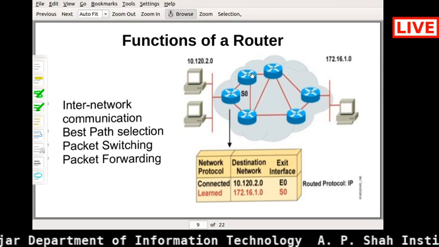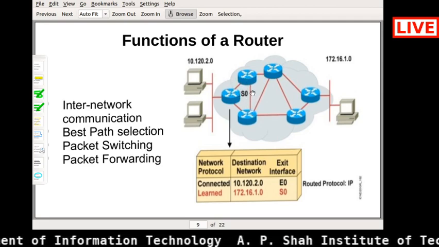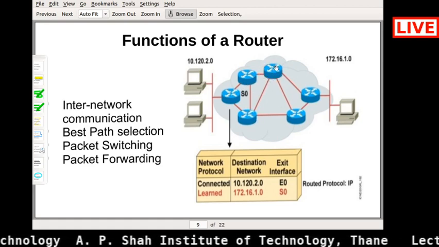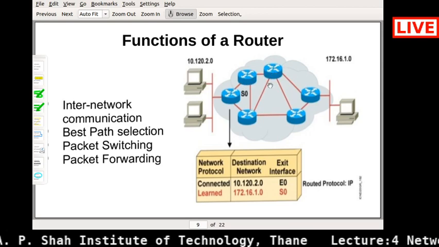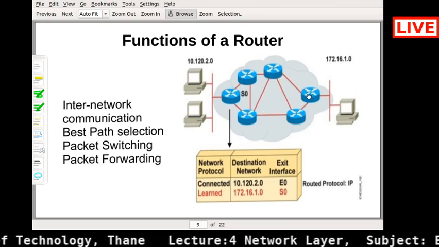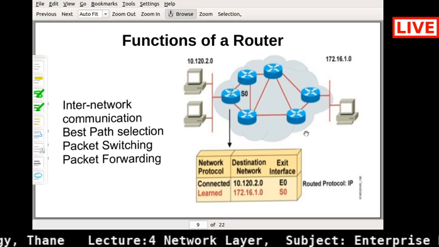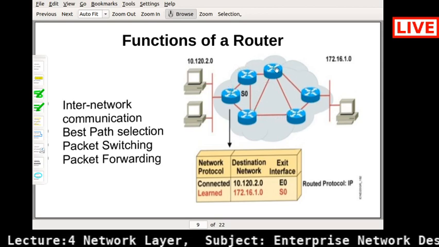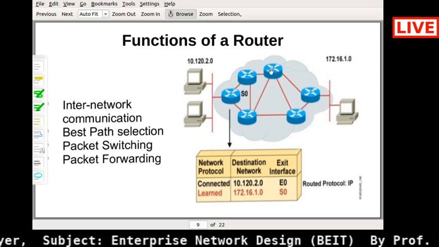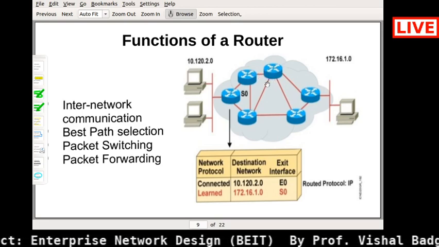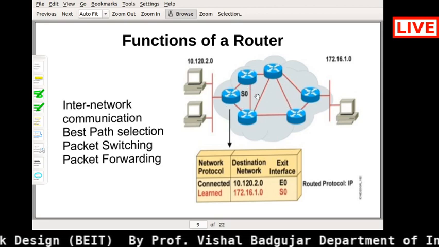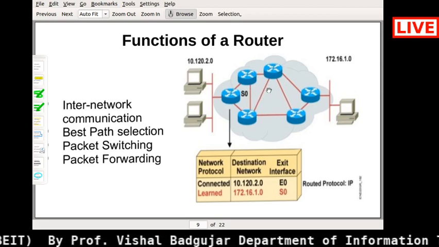This router has multiple paths: this is the first path, the second, the third, and the fourth. From these paths you need to find the best suitable path for the packet transfer, and that is also managed by your router. So best path selection is also one of the functions of your router.